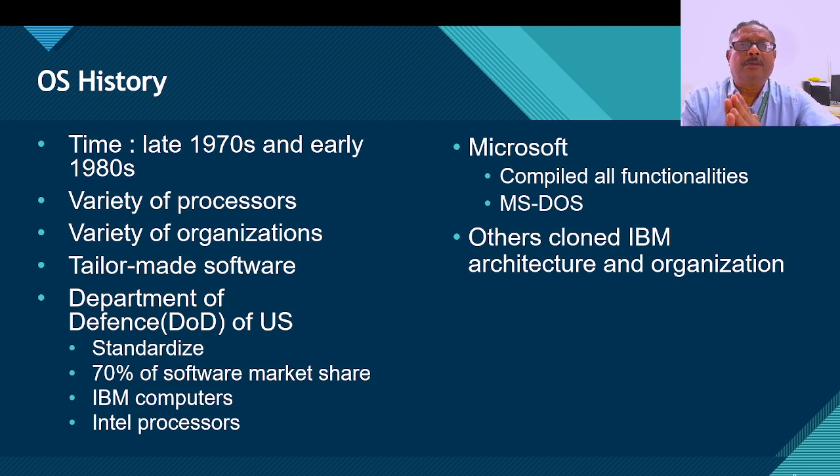This created a problem for other companies like Compaq, Dell, and others who were using other processors, like those manufactured by Texas Instruments or Motorola or Zilog or AMD. To keep themselves alive in the market, the other companies just cloned the IBM architecture and organization.